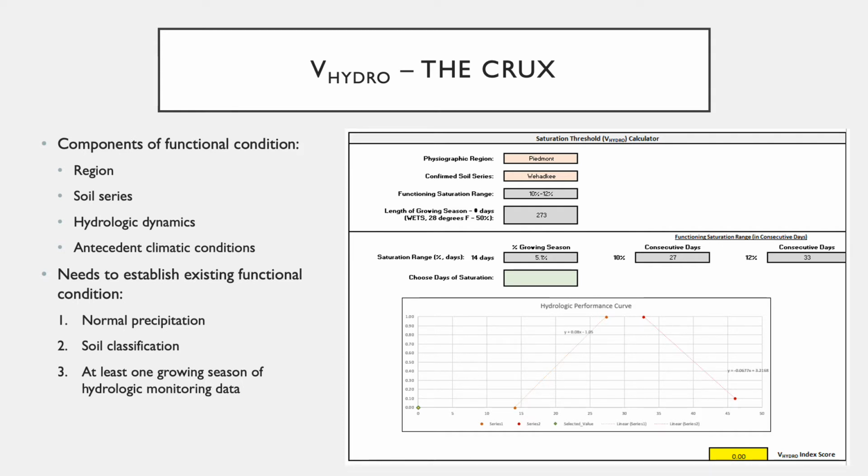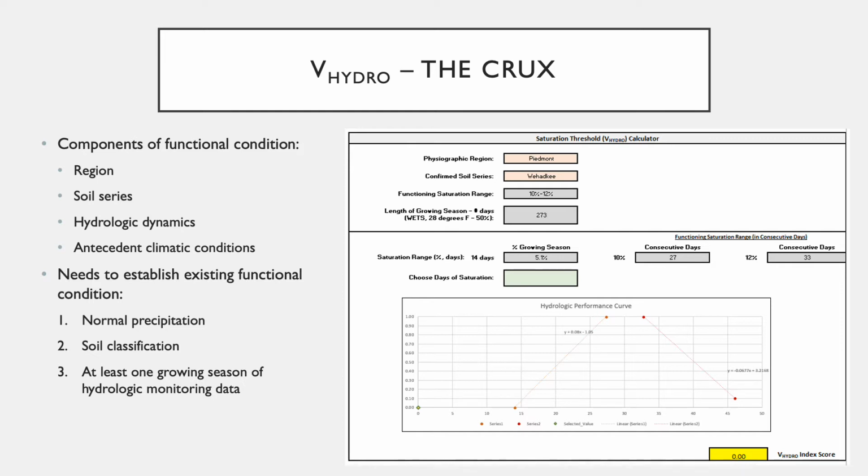One is that the V hydro variable is contingent upon the physiographic region that your site lies within. Those are the major physiographic regions of Georgia, which are the Blue Ridge and Ridge Valley, the Piedmont, and the coastal plain. You also need to know the type of soil that is present on your site, and the V hydro score is then contingent upon the confirmed soil series.